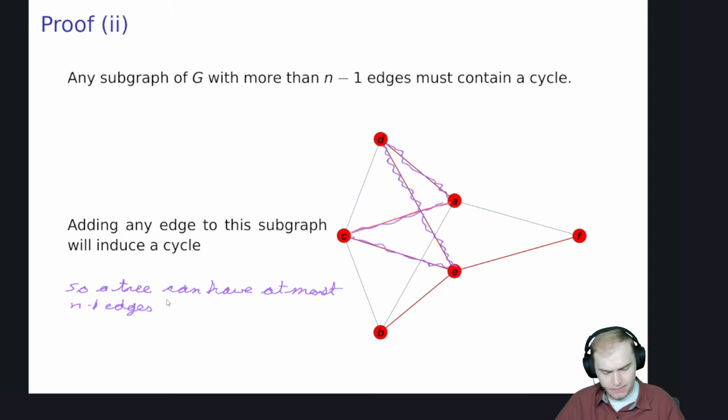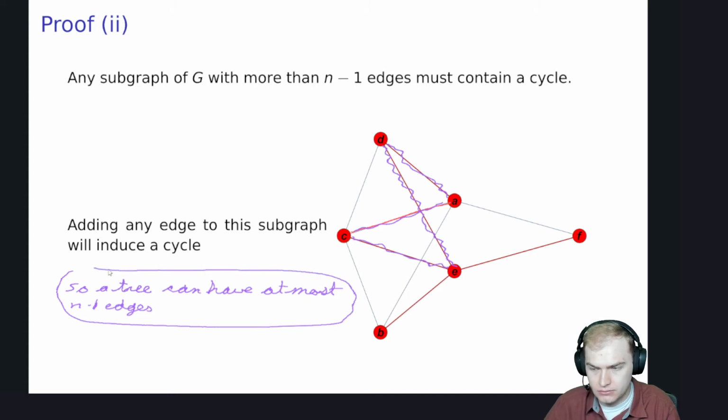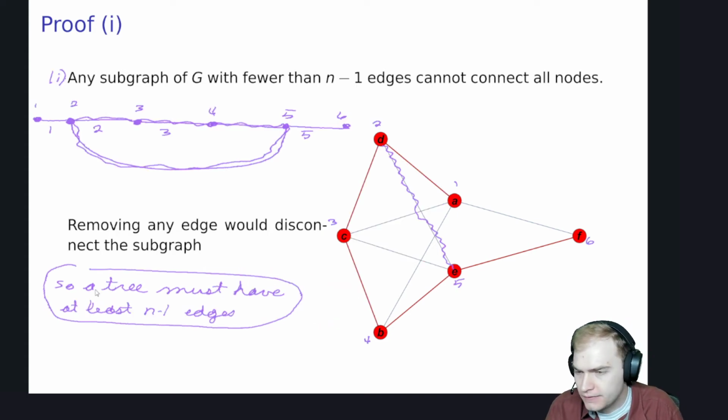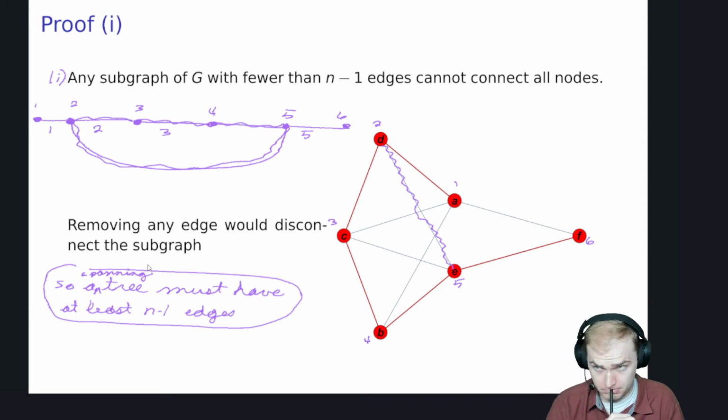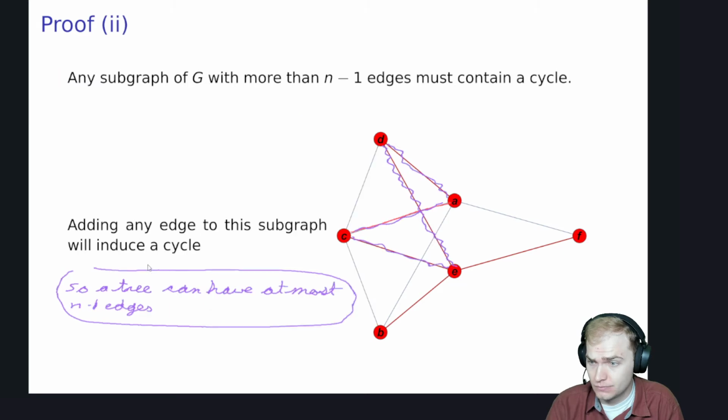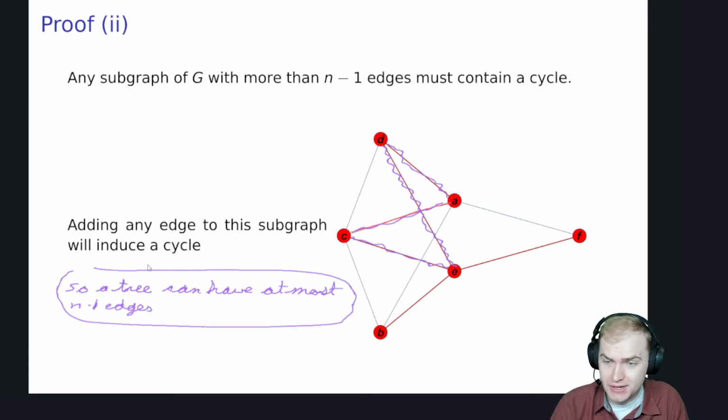Remember that our tree has to connect the graph and not have any cycles. And this should be a spanning tree, because you could make a standard non-spanning tree that has fewer edges. But any tree can have at most n minus 1 edges.